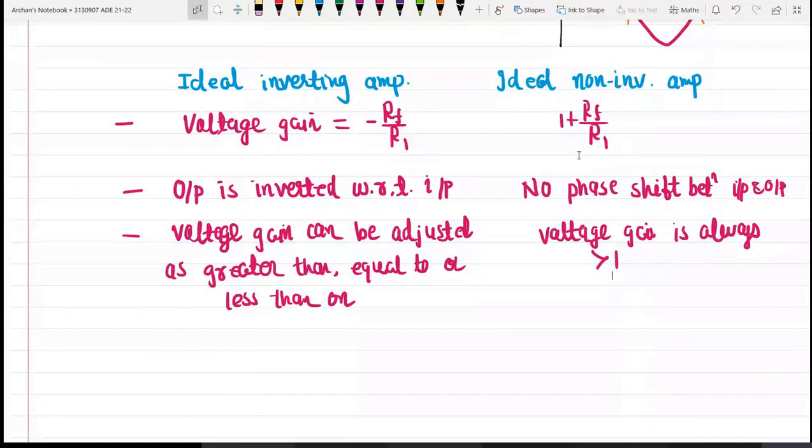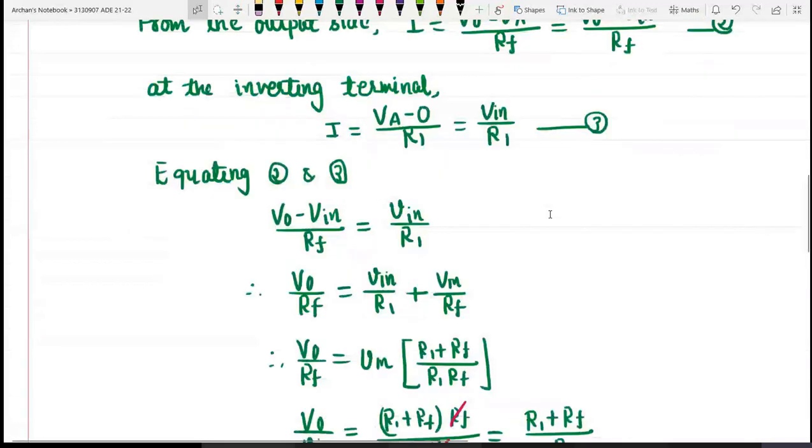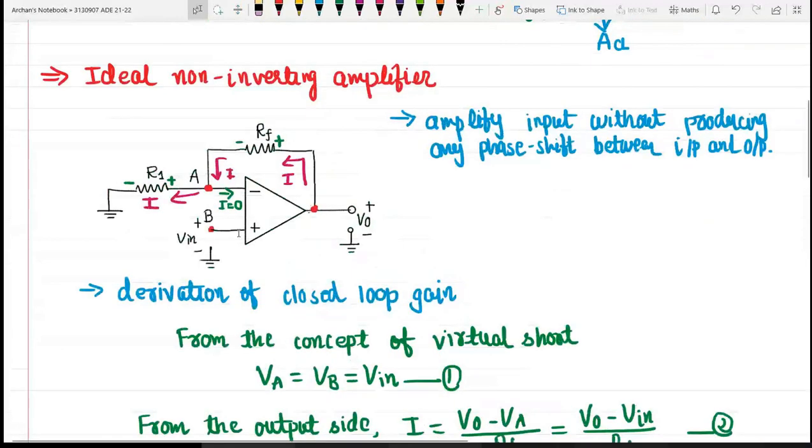Now talking about this non-inverting amplifier, what I have done is provide the input signal to the non-inverting terminal, keeping resistances R1 and RF as in the inverting amplifier. But this is not true each and every time.